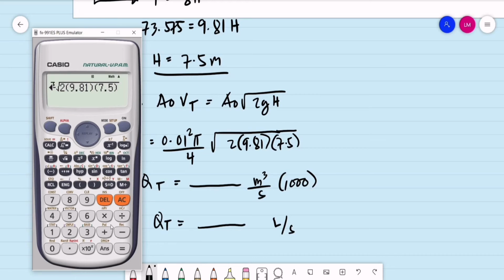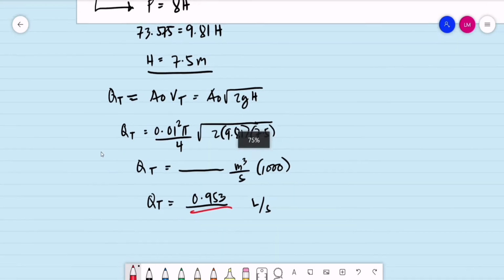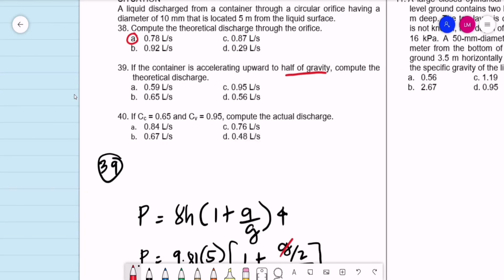So yung result na to ay cubic meters per second multiplied by 1,000. That is 0.953 liter per second. So, check natin sa question number 39. If we have this value, 0.953, pinakamalapit na dito sa letter C, 0.95.